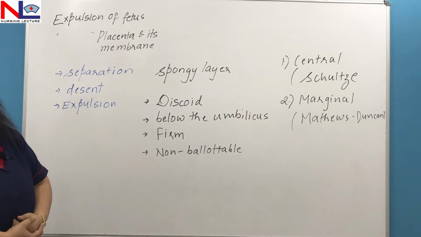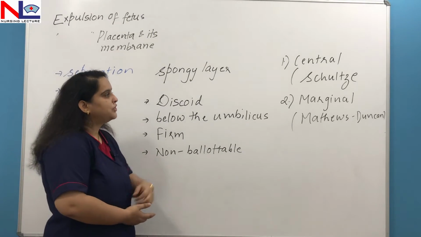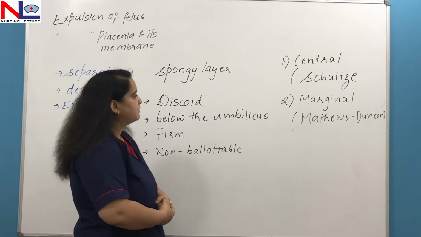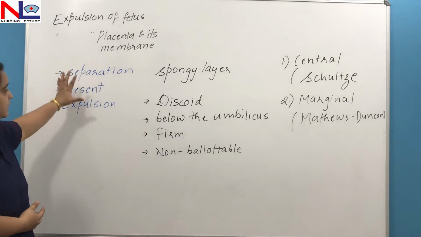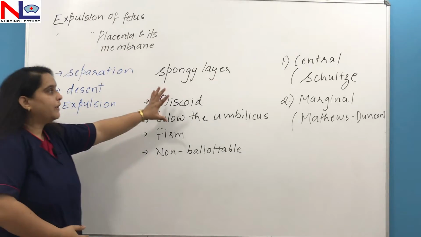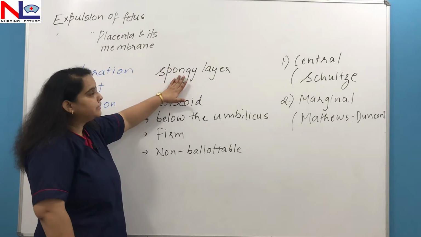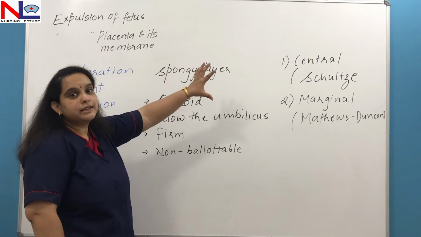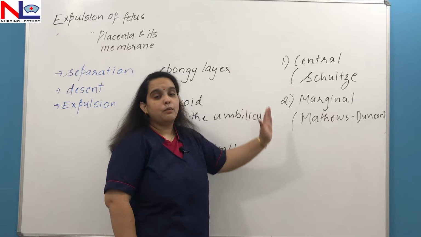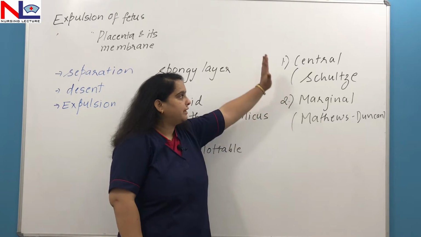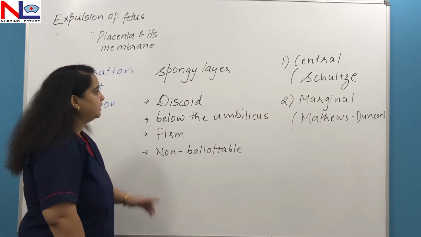So we have seen the two methods of separation, central and marginal. Now, what events have we seen previously? The placenta starts separating from the spongy layer of the decidua, right? And the modes of separation are the central and marginal methods.